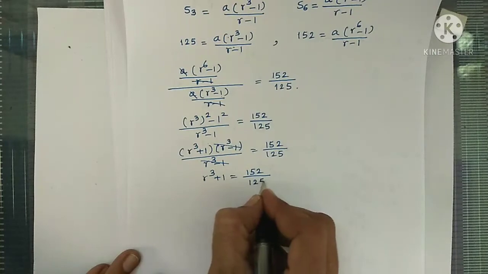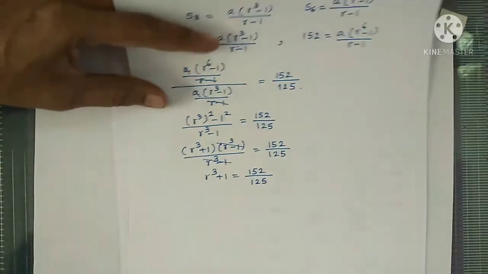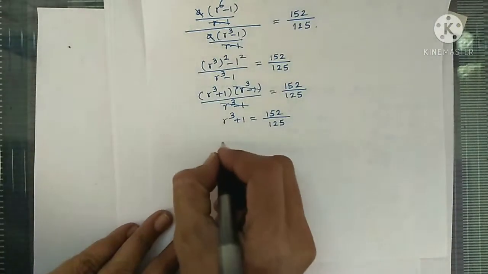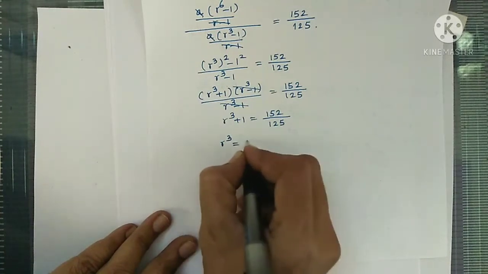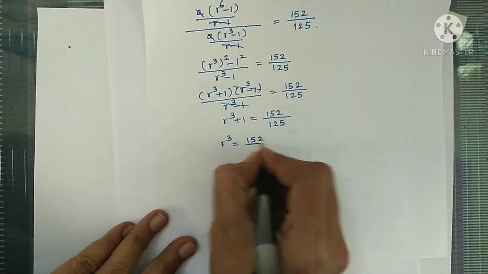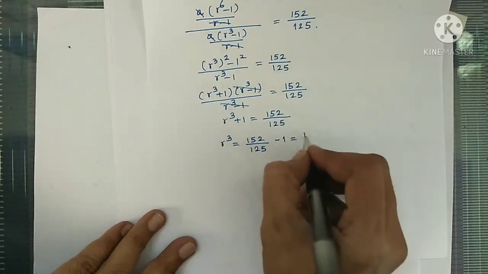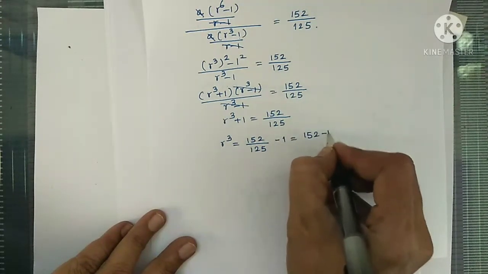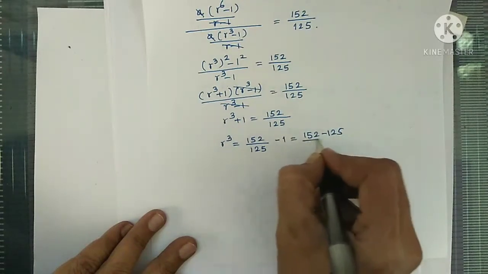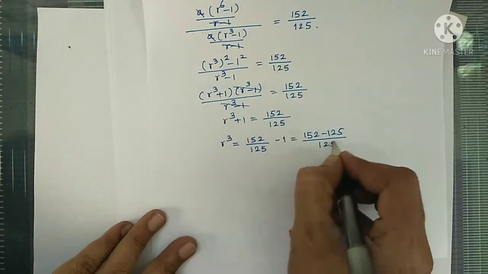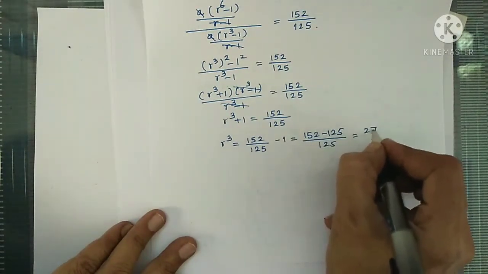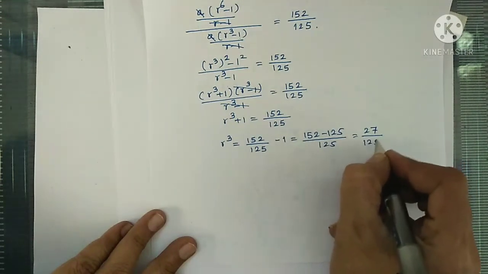So to find r cube, subtract 1 from both sides. So 152 upon 125 minus 1 becomes (152 minus 125) upon 125. That is 27 upon 125.